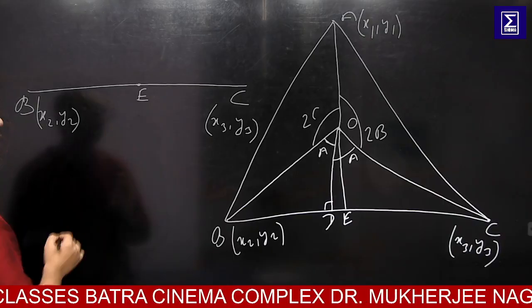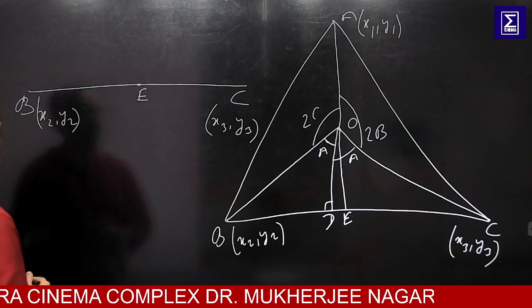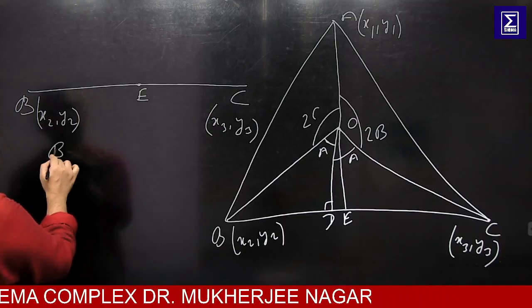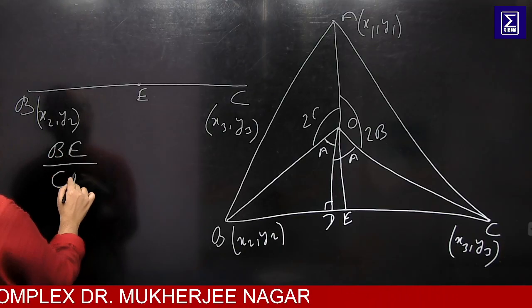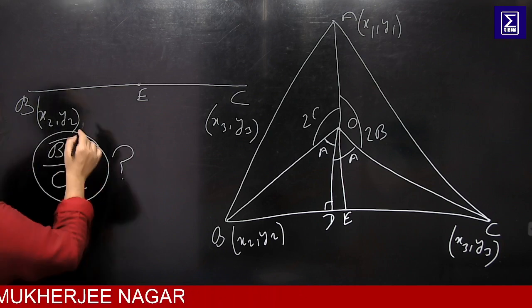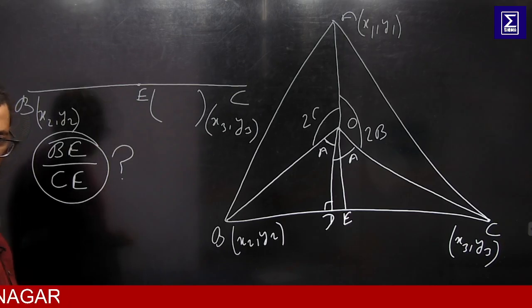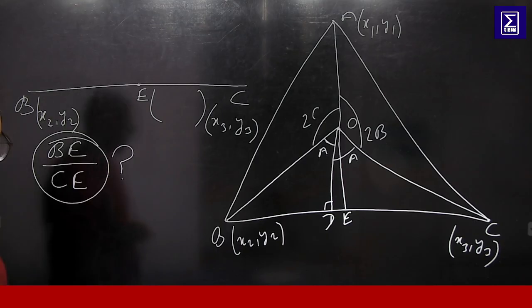We need to get the coordinate of E. How will we get it? If we find BE upon CE, then with the section formula we can get the coordinate of E.